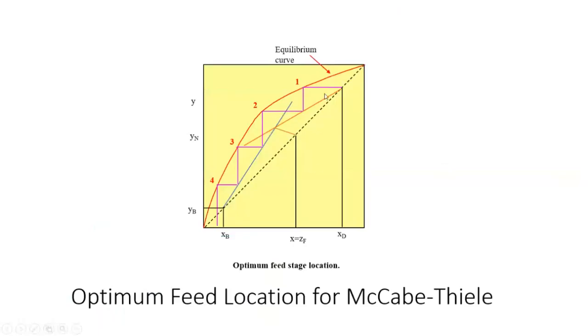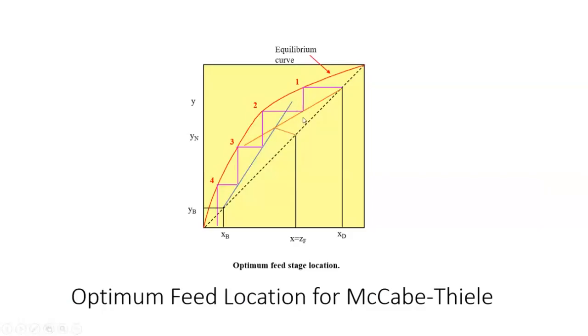So now, if we want to determine the number of equilibrium stages in this distillation column, then we can just start drawing staircase-like steps like this. That means from this point we have to draw a horizontal line up to the equilibrium curve. We will get point 1. From there, we have to draw a vertical line up to the operating line for the rectification section.